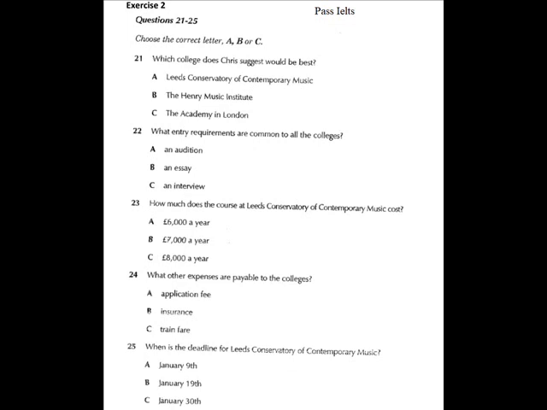Make your decision now. Is the closing date the same for all of them? Let's check. Look here. Leeds Conservatory of Contemporary Music is on the 19th, but the Academy in London isn't until the 30th of this month. OK, I'd better hurry up and make a decision.